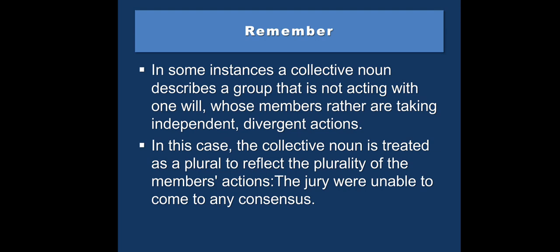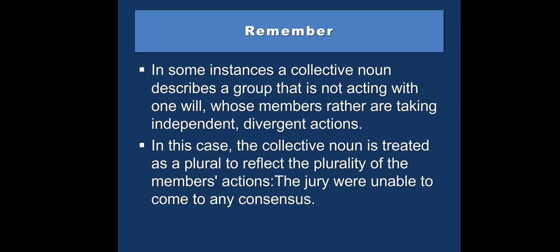So based upon the situation, the jury consists of many members. If the jury reaches one decision, then the jury is singular. But if the jury is divided in its decision, then it becomes plural because you have to show the plurality of the decision.